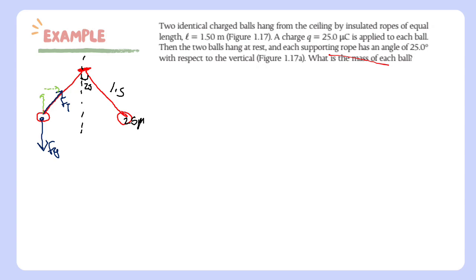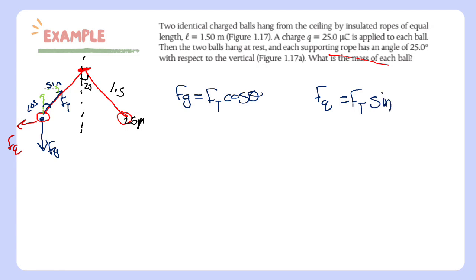We can say that Fg equals Ft cosine theta, because this is theta, opposite is sine, and this one is cosine. And don't forget, we have a Coulomb force in here, and we can say that the force of Coulomb equals Ft sine theta.